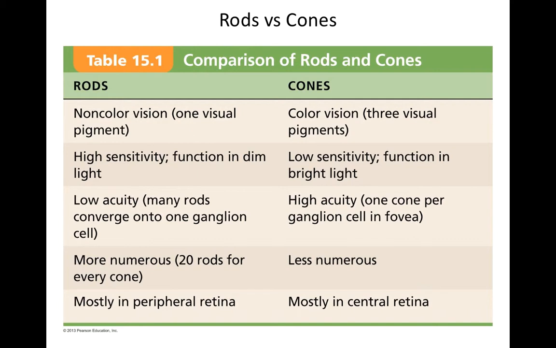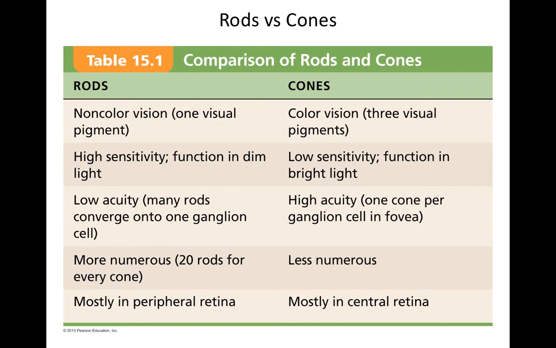So rods give us our vision in low light situations, whereas cones are going to function when we have bright light. Rods have low acuity. So acuity is how sharp the vision is. And we're going to see why. Okay, so we'll talk about the dual vision system and see exactly why rods have low acuity versus cones having very high acuity, so very, very sharp vision.